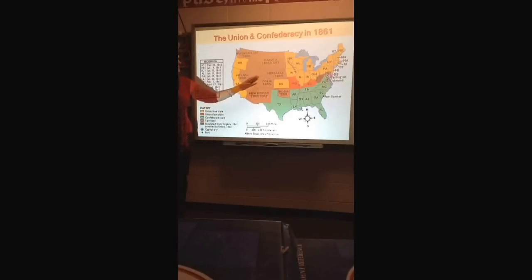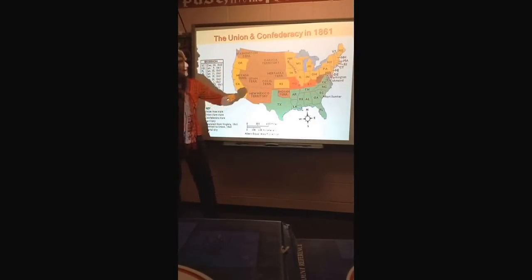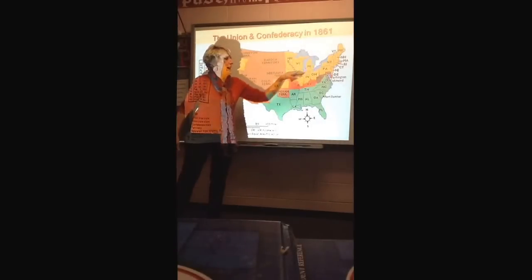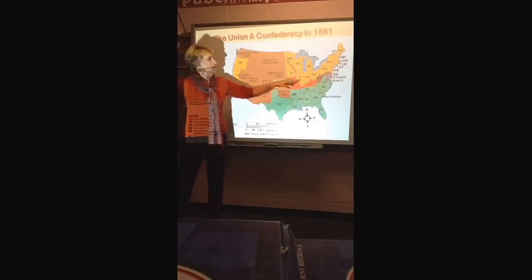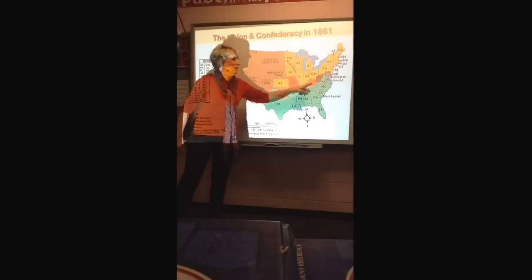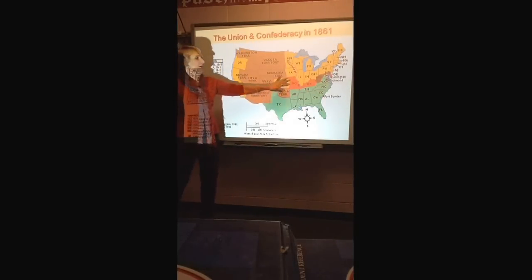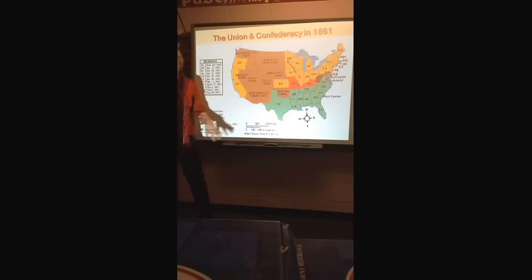Here are the different territories, and here are the Southern Confederate states, the slave states. Here are the northern non-slave states. These are the Union states, which includes Missouri, Kentucky, and Maryland. Remember, even though they allowed slavery, they still stayed in the Union.